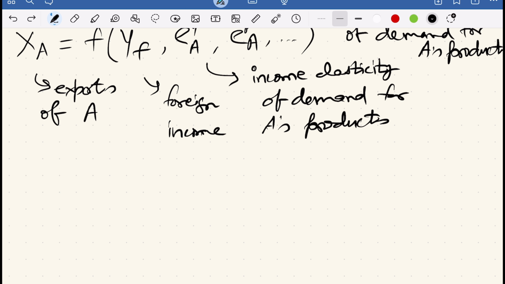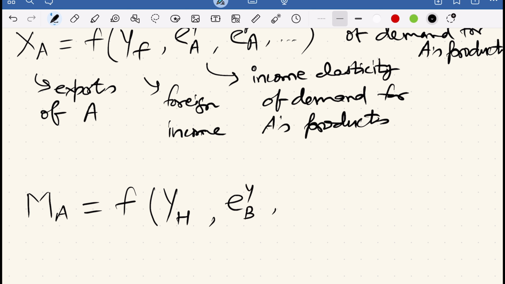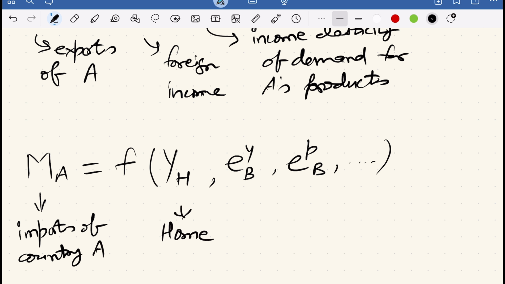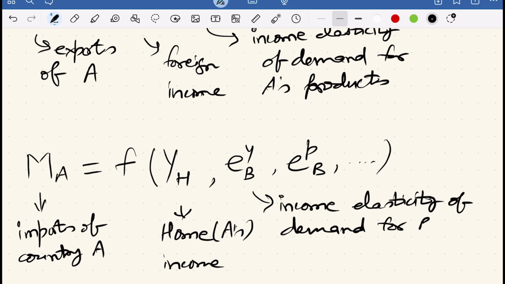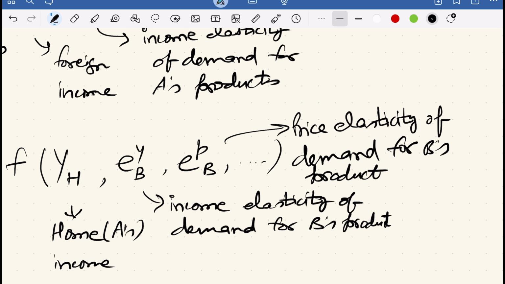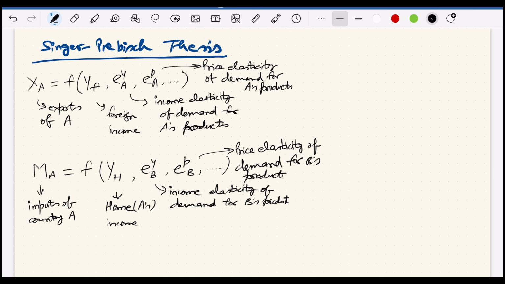So imports will be represented by M. Imports of country A are a function of home income, that is country A's income, and income elasticity of demand for the product of the country B, and price elasticity of demand for the product of the country B, and so on. Okay, so now we have got this.